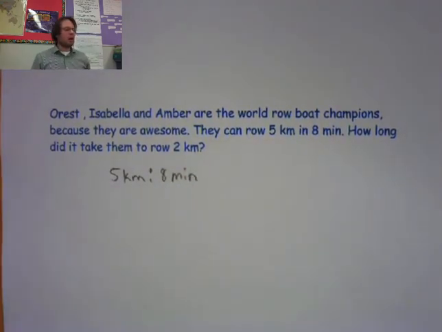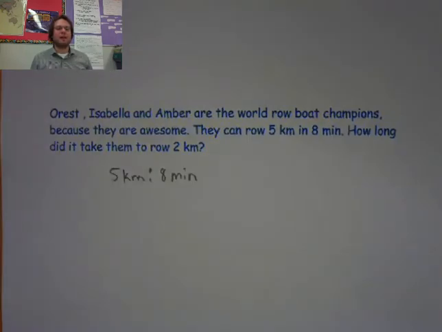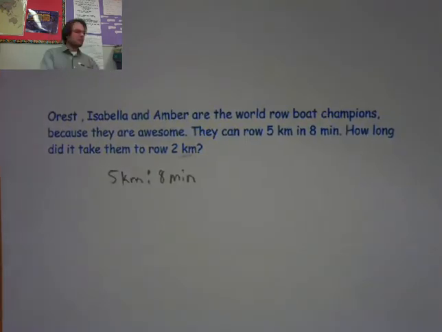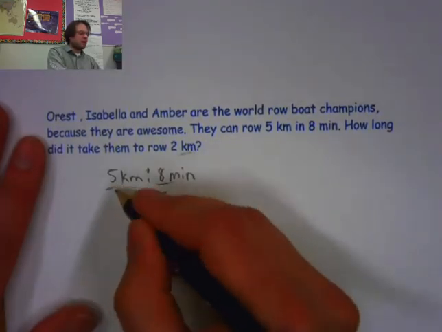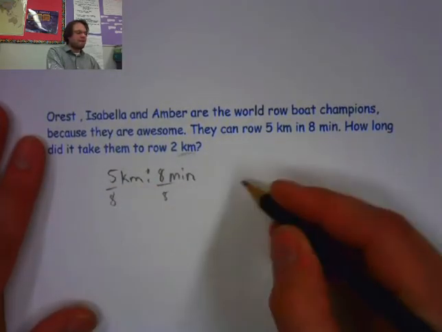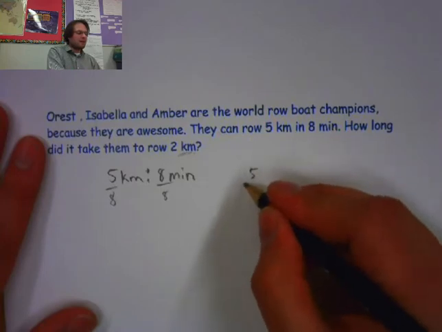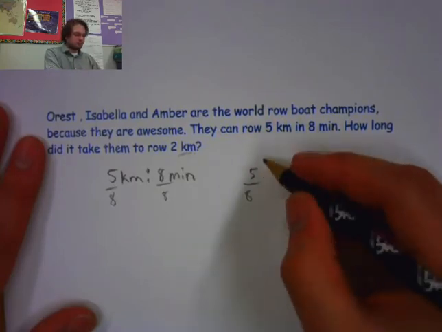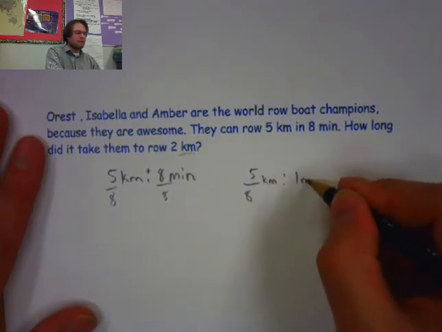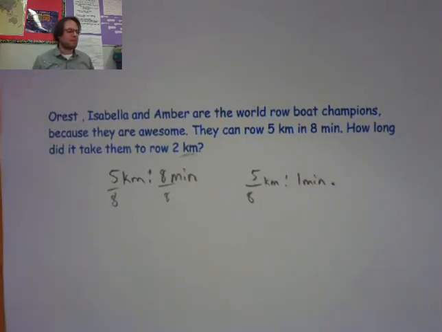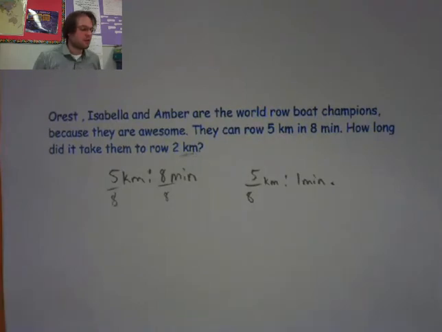Now we want to know how many kilometers they go in 1 minute. So I am going to divide this by 8, divide this by 8. So I have 5/8 of a kilometer in 1 minute. Okay? Now, let's take a look at this.